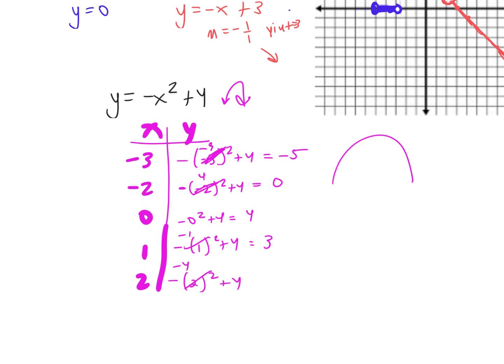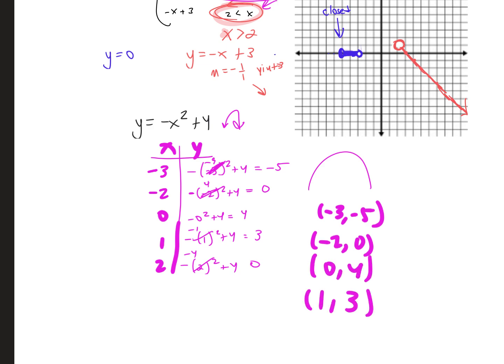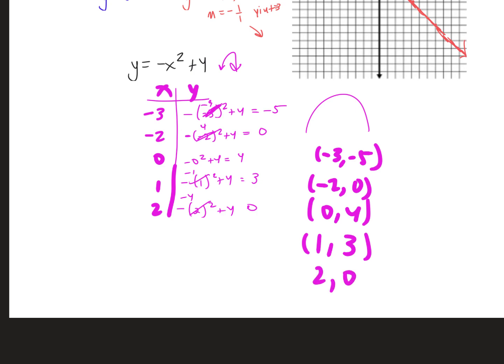So this becomes negative 4 plus 4 is? Okay. So the points that you're going to plot, I'm going to write them over here, is negative 3, negative 5, negative 2, 0, 0, 4, right? 1, 3, and 2, 0. You guys agree with me? From just plugging in? Okay.